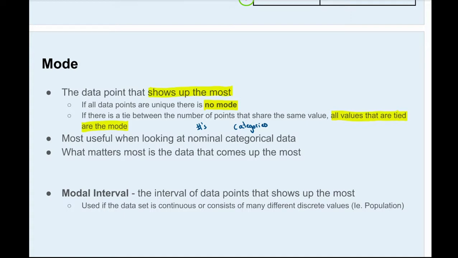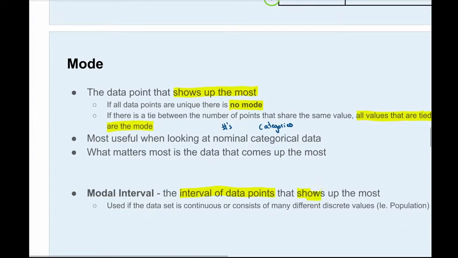Shoe size is something where the largest number that occurs is what we're most after in terms of purchasing stock or inventories, things like that. Modal interval is something that we can use when some of our values aren't very nice. So modal interval is the interval of data points that shows up the most.